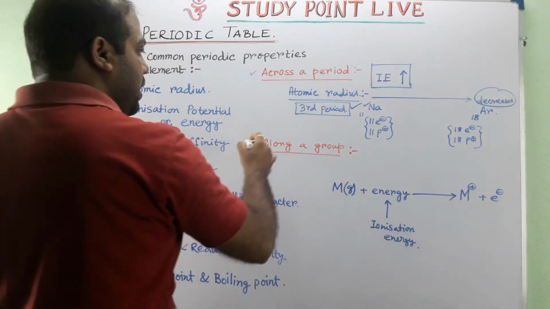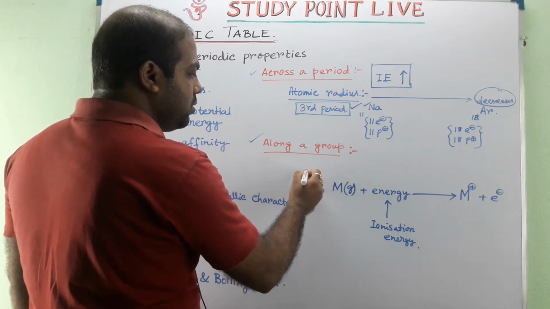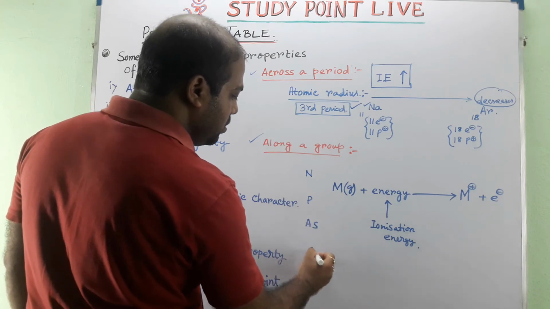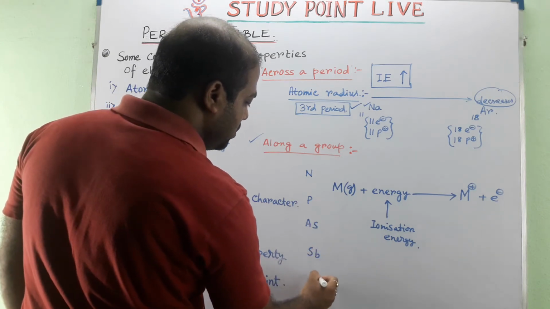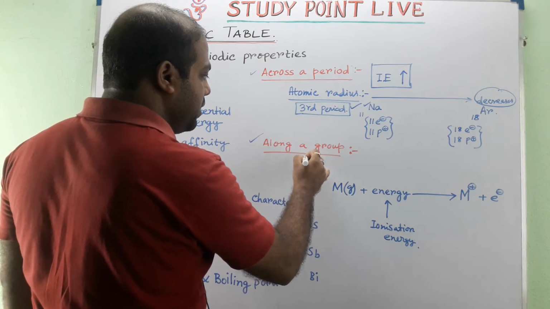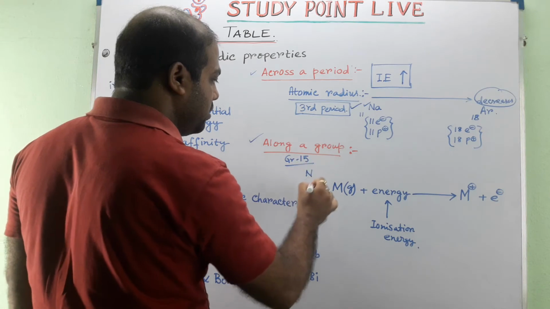Now along a group, we are taking group 15 elements here.